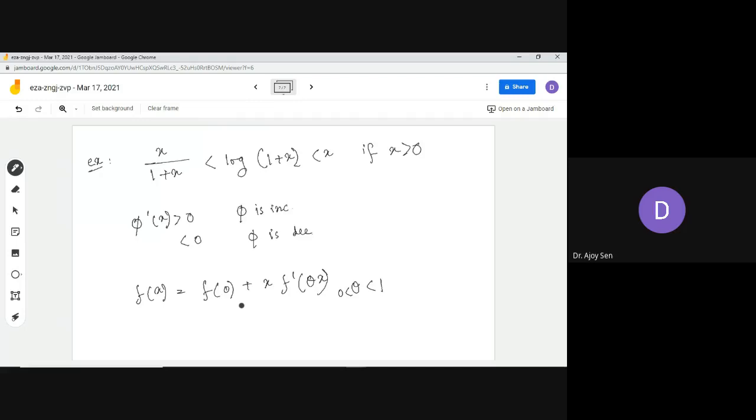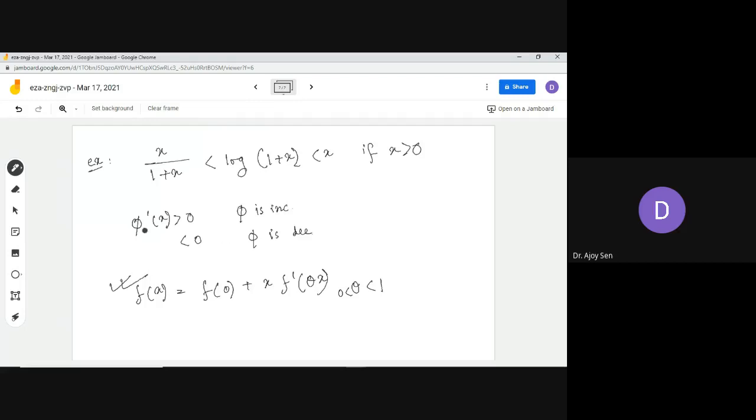So from Lagrange's theorem, we can get such a result. And from this result, we can prove all this kind of inequality, because all of these inequalities you can prove from Lagrange's theorem.